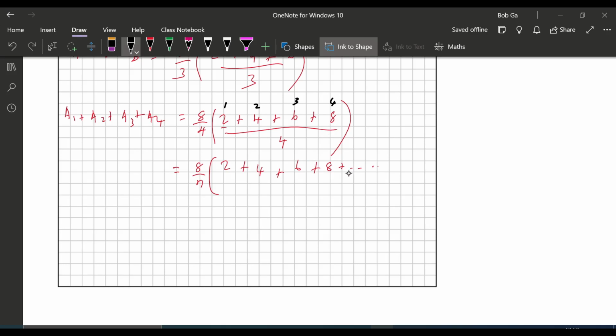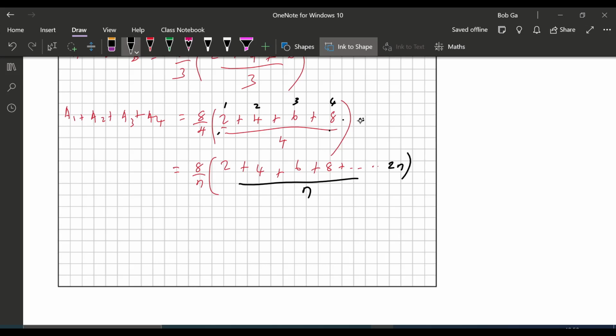So the sequence which is formed is in terms of 2n. The last value there for the n-th term is 2n, all over n. Same thing here. If we continue, the next one will be the fifth term, because this is the first, second, third, fourth.